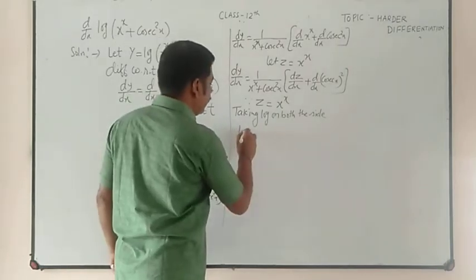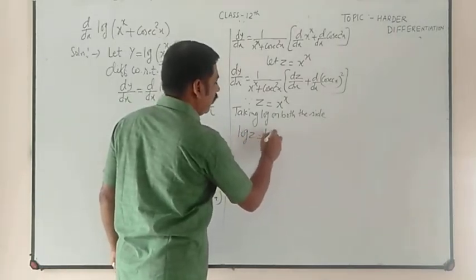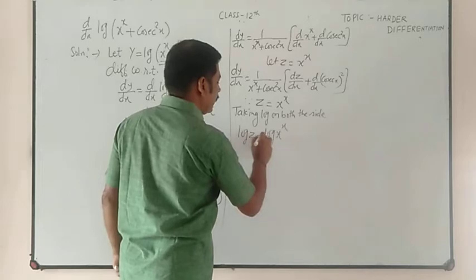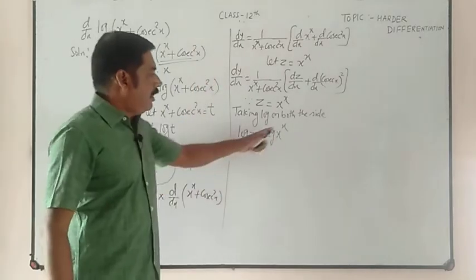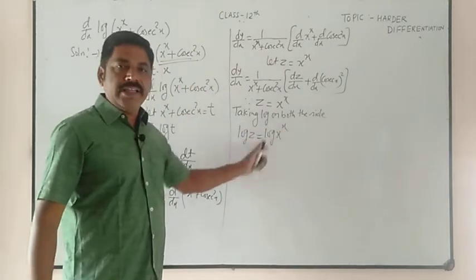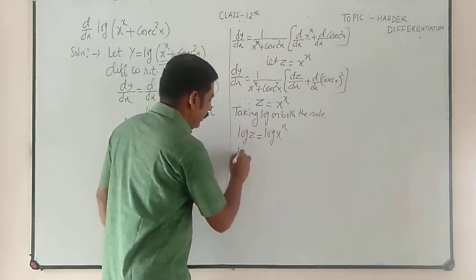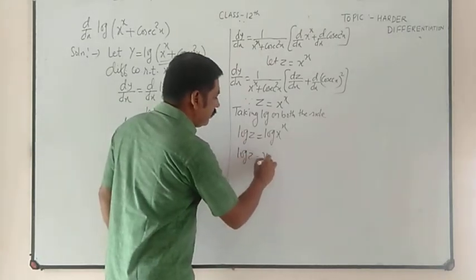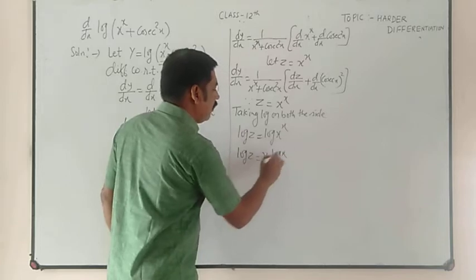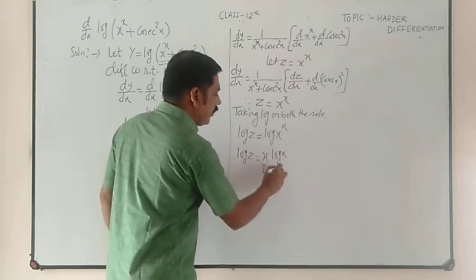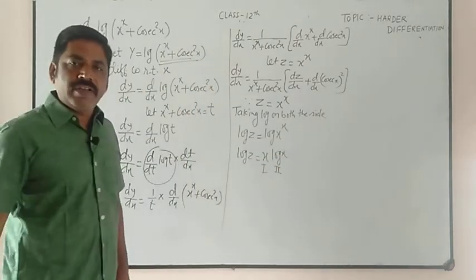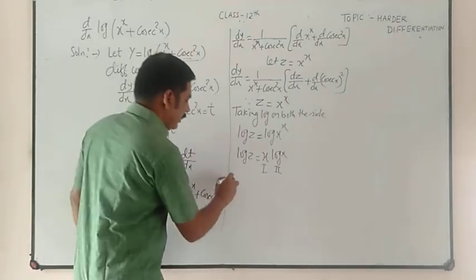So log z is equal to log of x raised to x. Now log m raised to n is n log m. So log z is equal to x log x. Now x is first function and log x is second function.